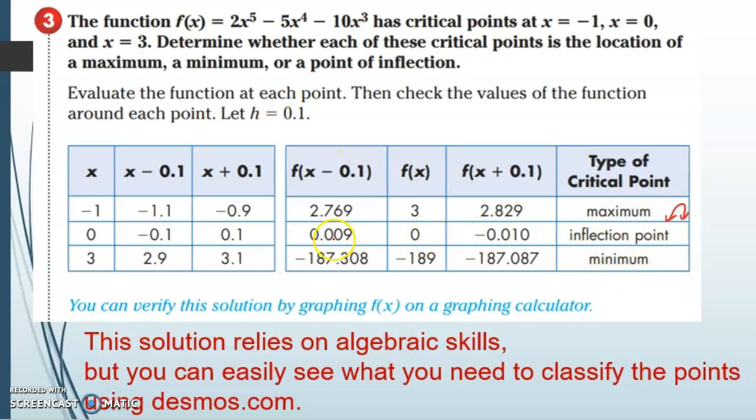If one is bigger and one is smaller, it's an inflection point. And if both of them are larger than this point, it's a minimum. So it looks like this: you've got -189 here, and then -187 is up above it. You can easily do this on Desmos. You do not need to do the algebra anymore, but you definitely want to look at the graph and see what it's doing.